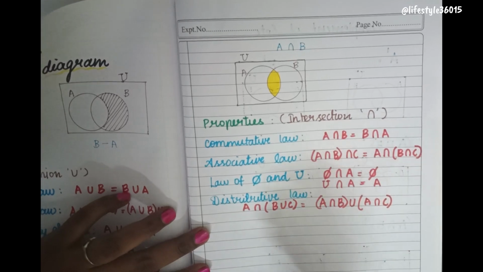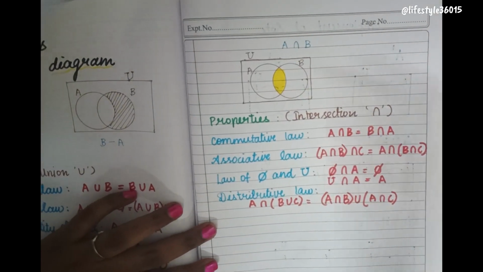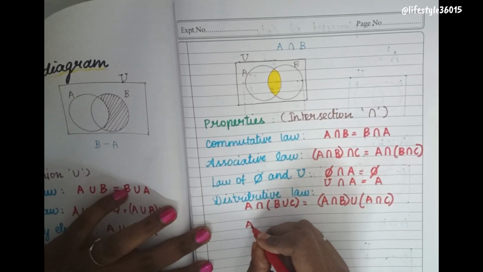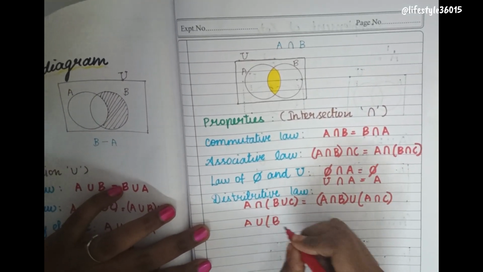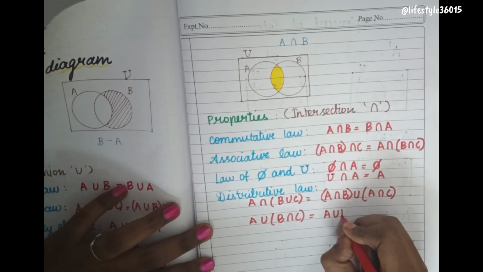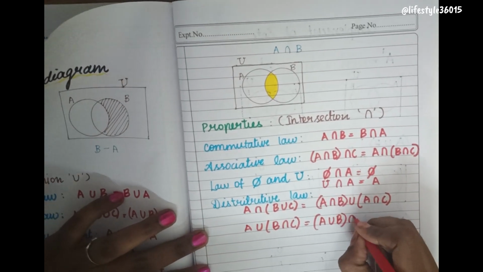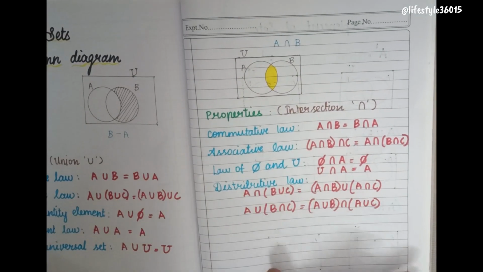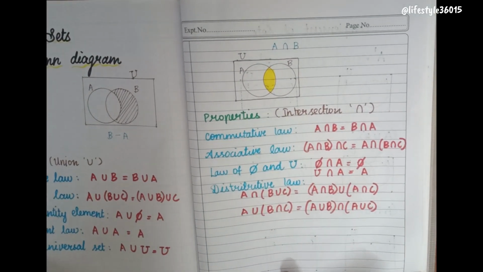Now we are going to replace the multiplication sign with intersection and union. Similarly, A union B intersection C is equal to A union B intersection A union C. I hope you understood this concept. Now let's move into the next concept.